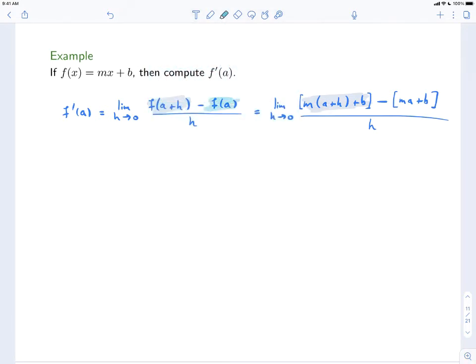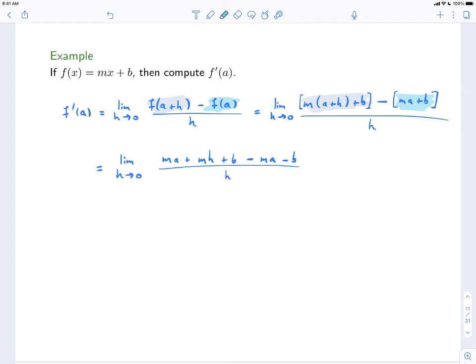And this f of a is this term right there. So this is going to be the limit as h goes to 0. So let's just expand all of this. M times a plus h, that's going to give us ma plus mh plus b minus ma minus b over h. That's supposed to be an h.